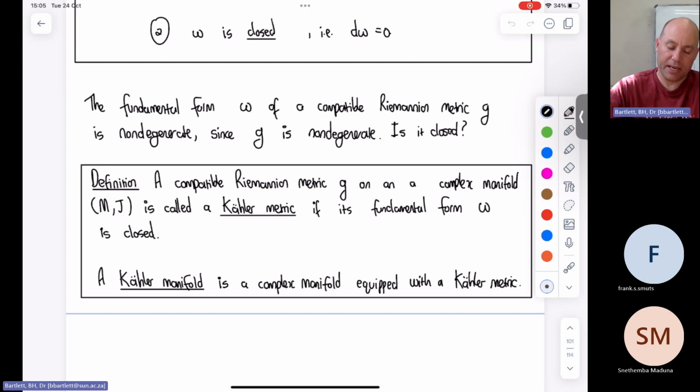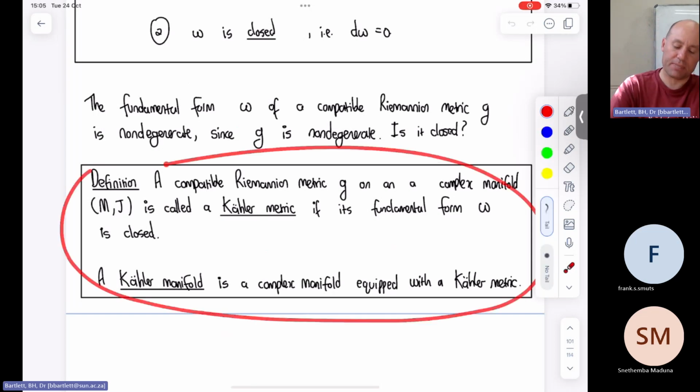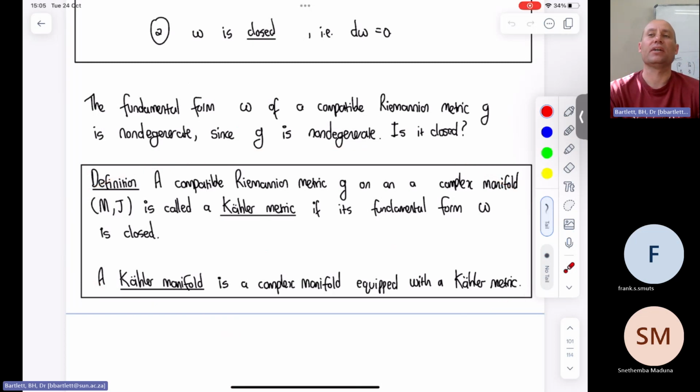Yeah, so welcome back. We're speaking about Kähler manifolds, and we arrived at this definition. A Kähler manifold is a complex manifold equipped with a Kähler metric. So it's a kind of Riemannian metric on the underlying smooth manifold, which gets along very nicely with the complex structure in two ways.